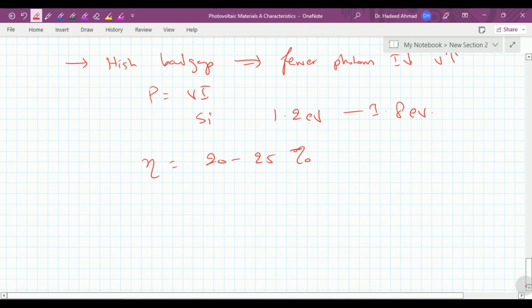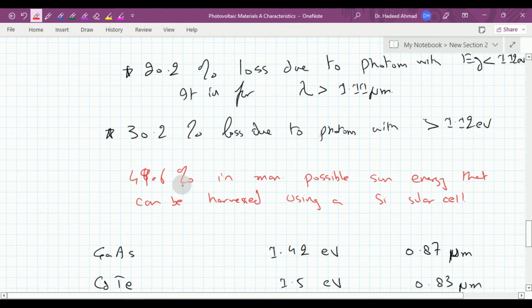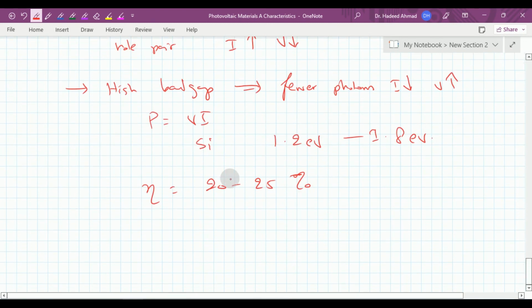which is way less than the possible amount of energy that can be harnessed, which is 49.6%. It is because of various reasons. This is not even close to the 49.6%. It is because there are electrons and holes which recombine before they even reach the output.